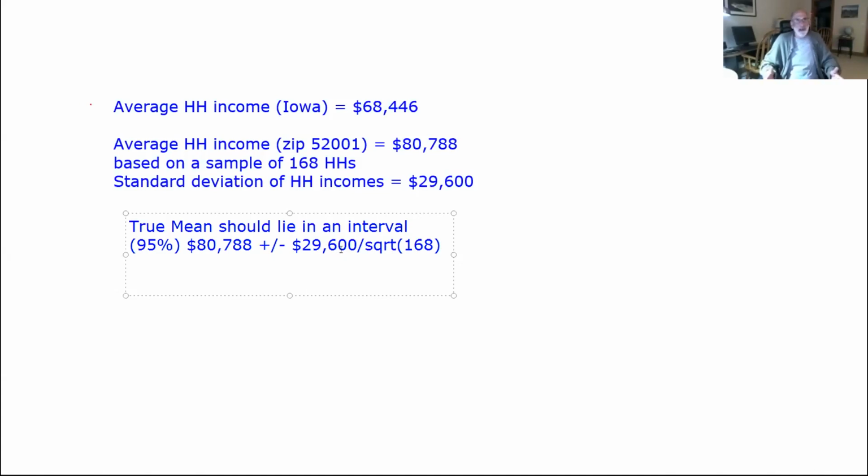But of course, we don't know that. If we knew that, then we wouldn't be going through this exercise. If we had data on all the households so we could calculate the standard deviation, we would also know what the true mean is for zip code 52001 because we'd have all the data. So all we have is the sample standard deviation, 29,600. I just applied the central limit theorem in this formula by putting in the sample standard deviation where the population standard deviation was supposed to go.